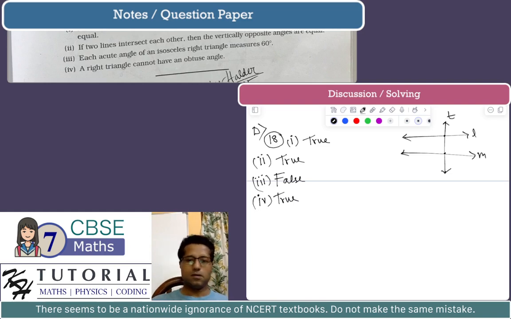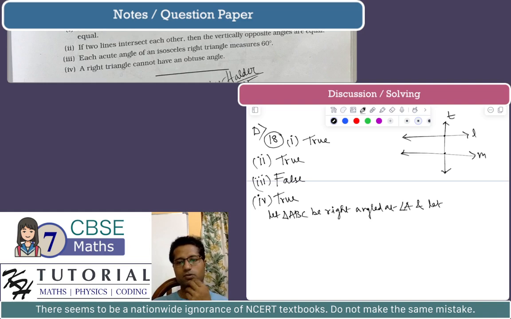Because let triangle ABC be right angled at angle A, and since it says that a right triangle cannot have an obtuse angle, let's assume that we have a right angle triangle ABC which is right angled at A, and let angle B be obtuse.